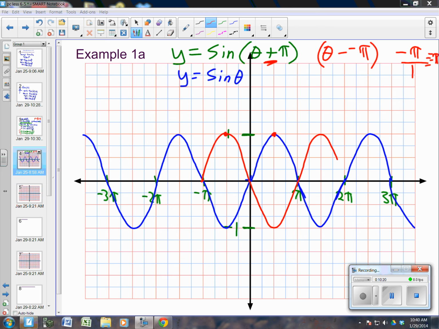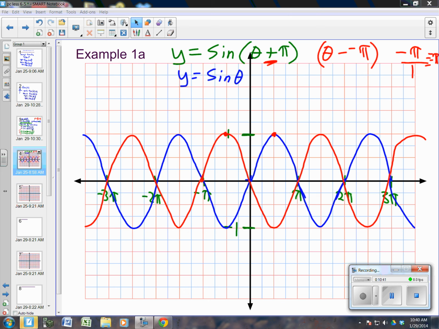It moves it to the left. That's a nice graph. Okay? Pi units. And that's what it's going to look like. Does that make sense? Any questions on that? It moved everything to the left, pi units.